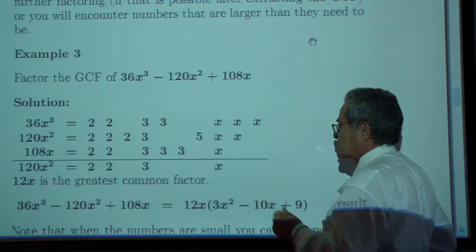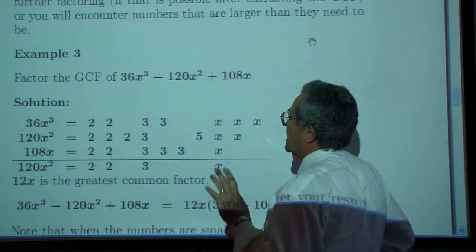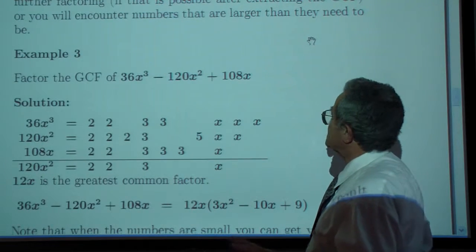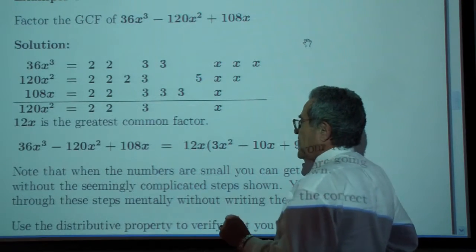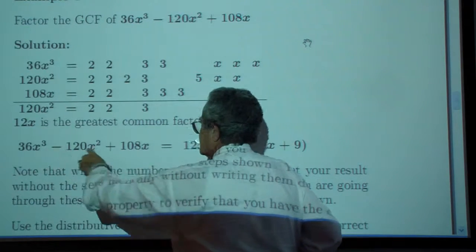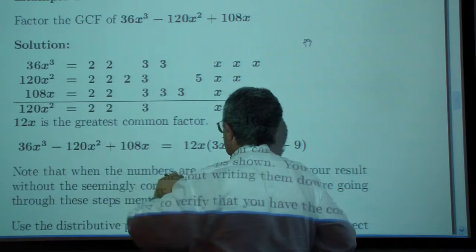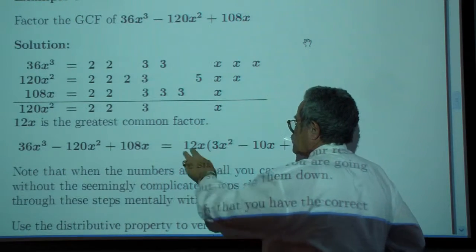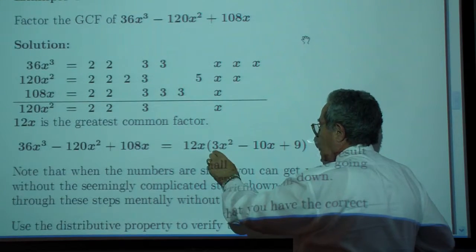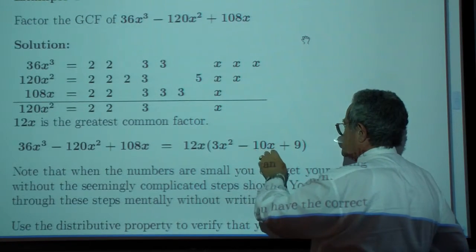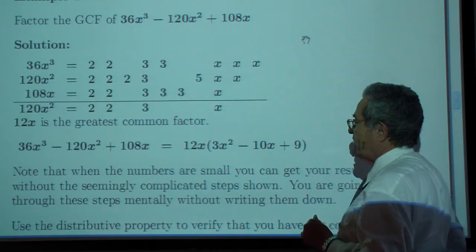Greatest common factor, 12x. Now, if we factor out the greatest common factor, we can rewrite this trinomial as a product: 12 times x times all of 3x squared minus 10x plus 9 is a factor.